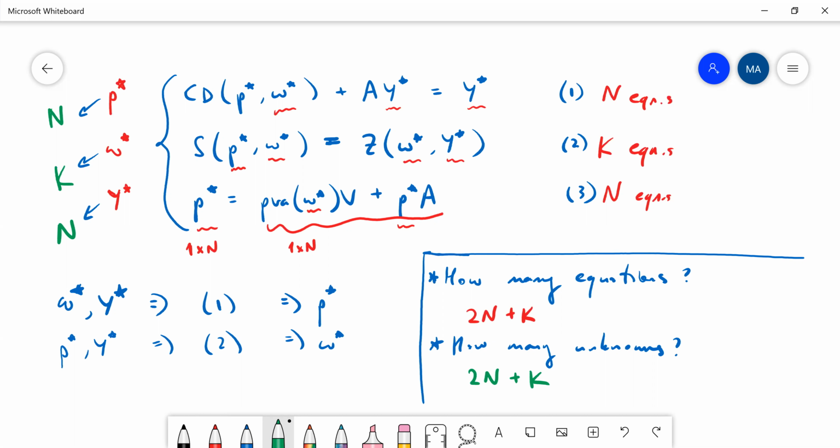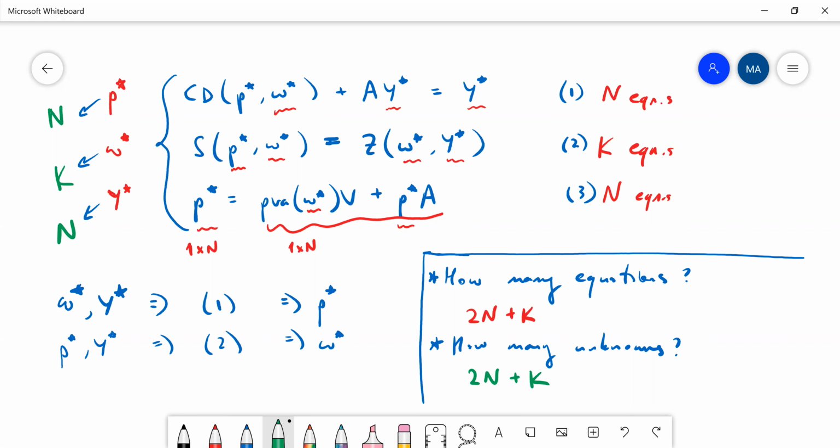These equations are coming from market clearing conditions and the zero profit condition for the firms that basically pin down the output levels. And your unknowns are output levels, product prices and factor prices. So how do we proceed from here? What to do next?